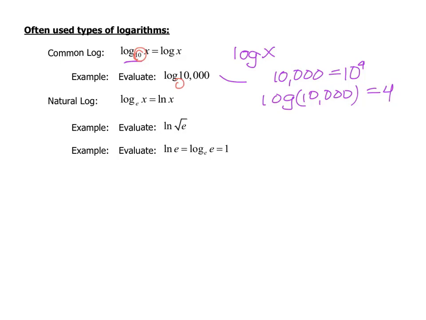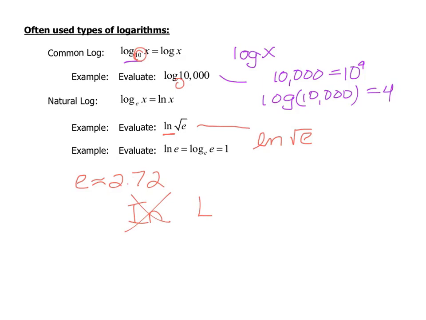Another type of log is log base e. Remember, e is that number that's about 2.72, and it comes up in lots of applied problems, especially ones from nature. Let's look at this first one. Here it says natural log of square root of e. When you look at this, it sort of looks like "in", but it's not "in".